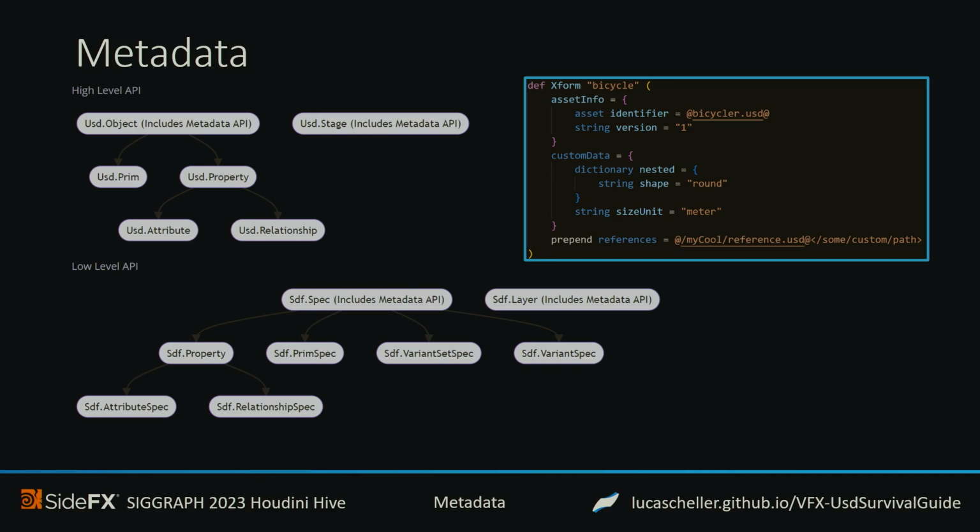There is another building block, which is metadata, which is the smallest element in USD, you could say. What is metadata? What you'll most interact with is setting asset info or custom data. Metadata is just data attached to your Prim or properties or layers.